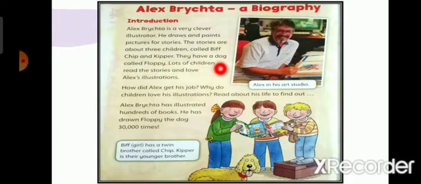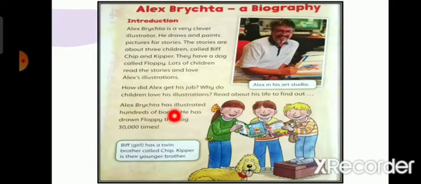They have a dog called Floppy. Lots of children read the stories and love Alex's illustrations. How did Alex get his job? Why do children love his illustrations? Read about his life to find out.